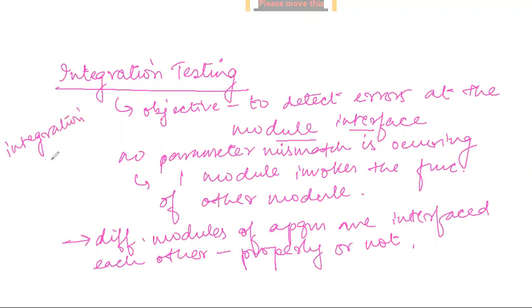One plan is already chalked out: how the different units will be integrated together, how the modules will be interfaced together, and how we will then perform the testing. According to that integration plan, the different modules are integrated in a planned manner and then tested.